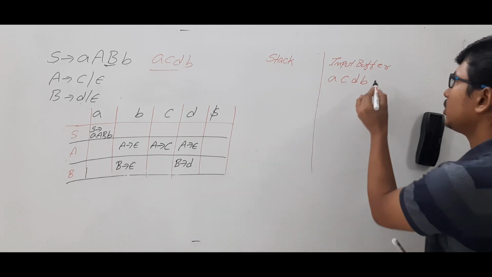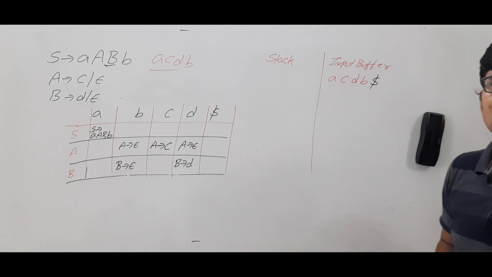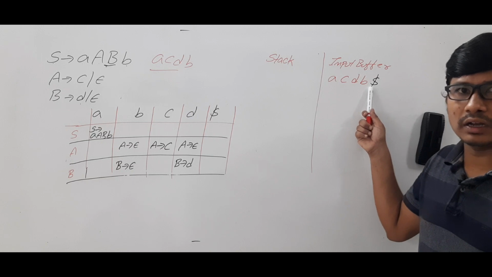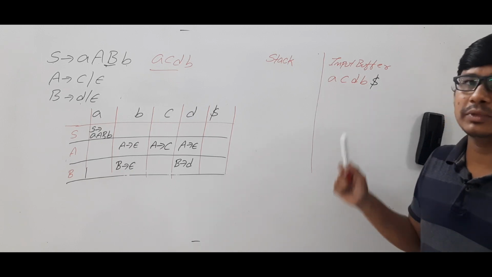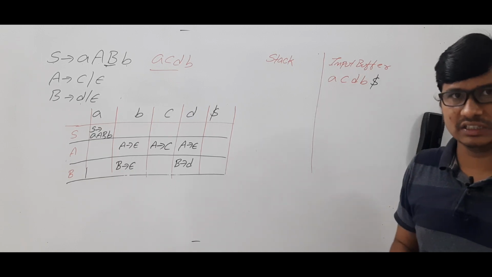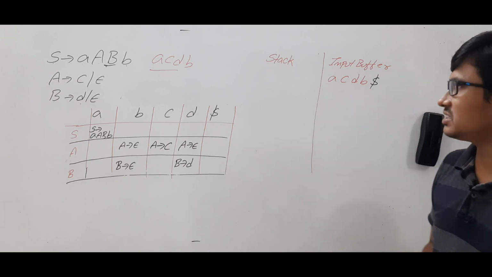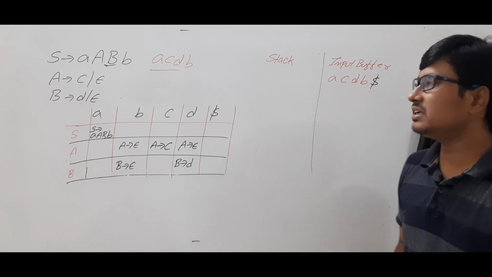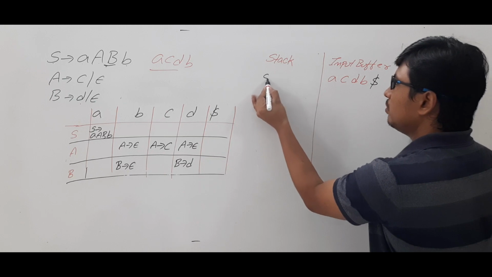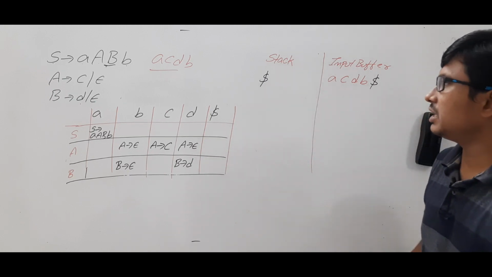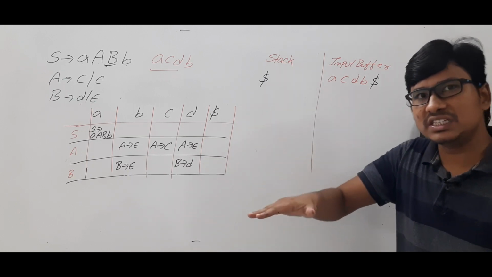You keep the dollar to say that the string is ending. Whenever you access the dollar, it means the entire string is finished. So it represents the end of the string. And as I said earlier, the stack will always have the symbol dollar at the bottom.